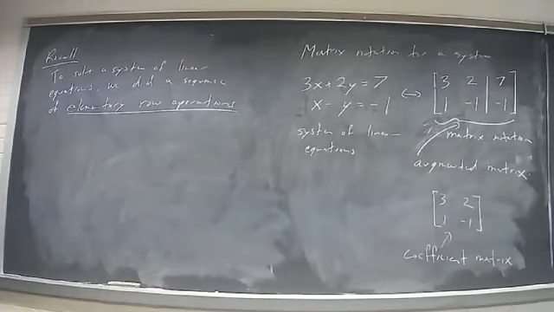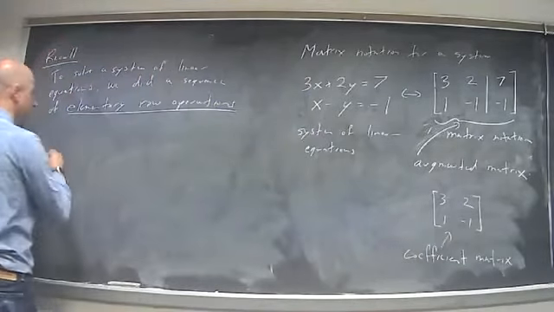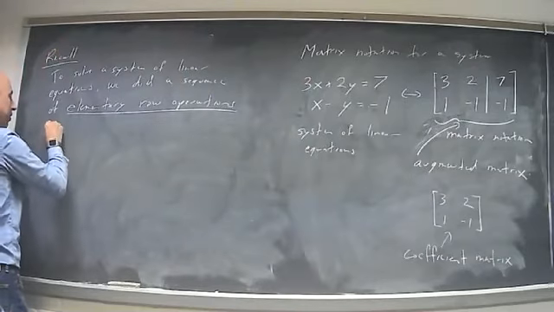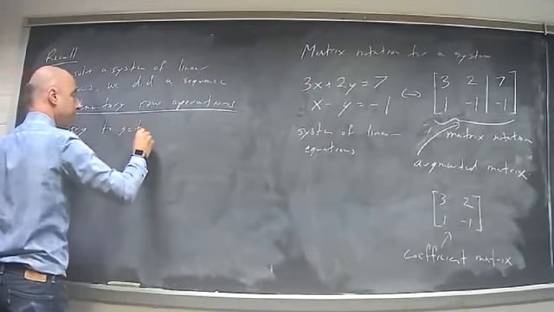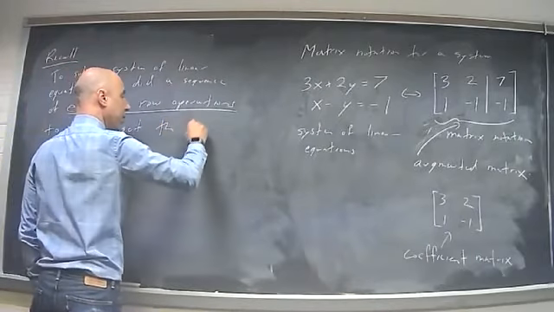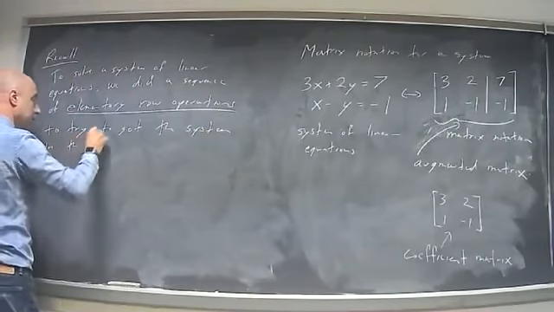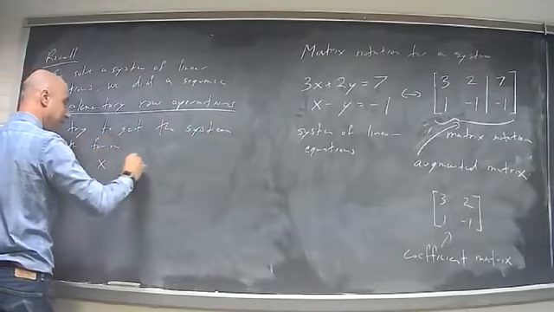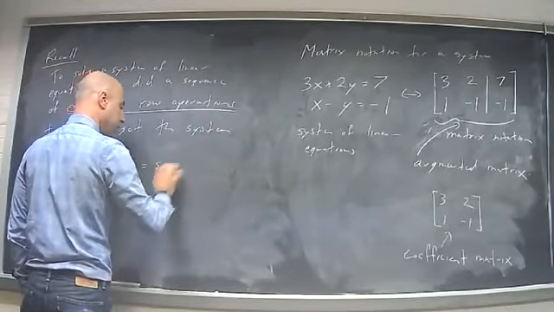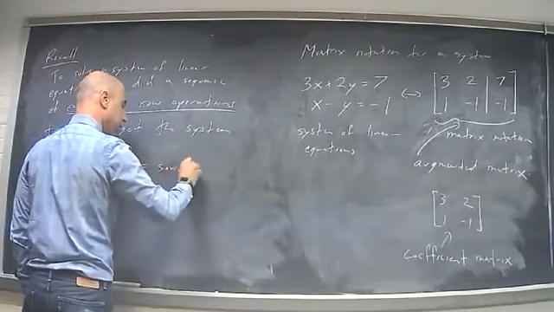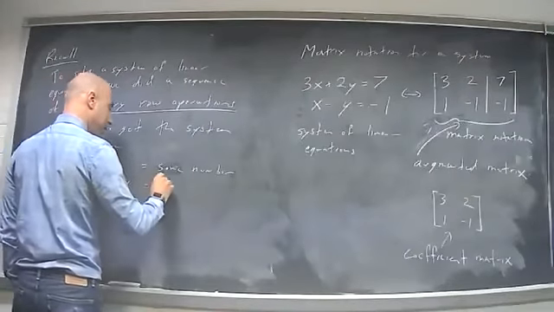Elementary row operations on the system, trying to get the system in the form x equals some number and y equals some number.